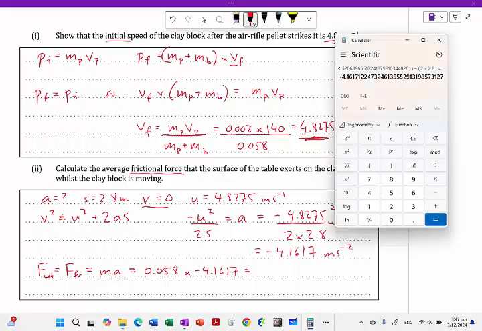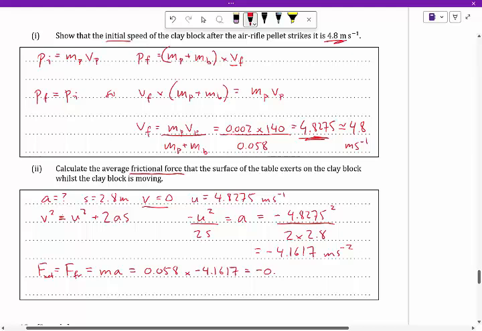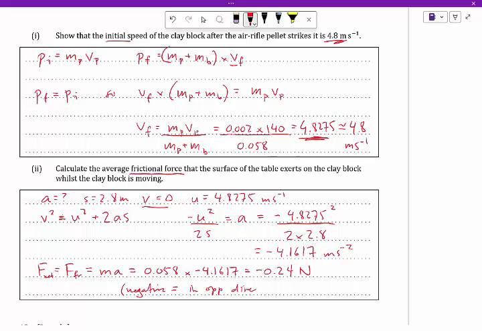So we can multiply this by 0.058, and we get negative 0.24 newtons, and the negative means in opposite direction to motion in this case. Okay.